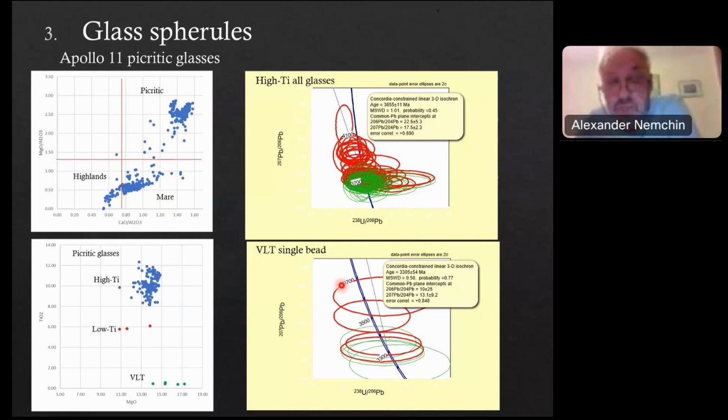We analyzed a few VLT glasses, and they are much younger, 3305. Because we've got only a few, the precision is a bit worse. As I said, we are in the process of finishing this work right now, so it will be done this week.